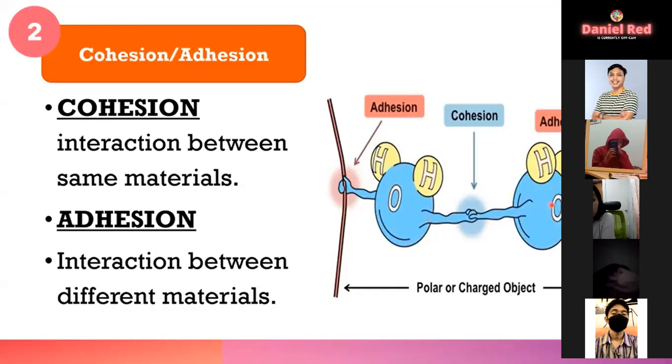If these two water molecules have an interaction with each other, that is what we call cohesion. But when a water molecule is attracted to another material, like the thread in this illustration, that is what we now call adhesion. This is also very common in the water strider that we observed in the previous presentation.